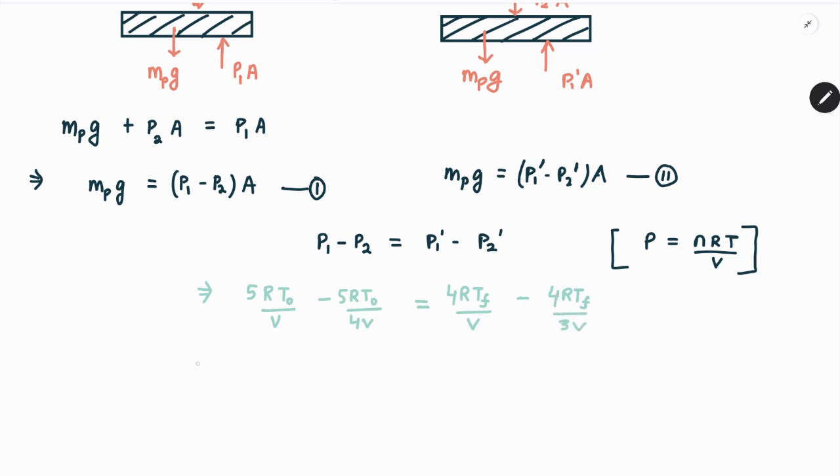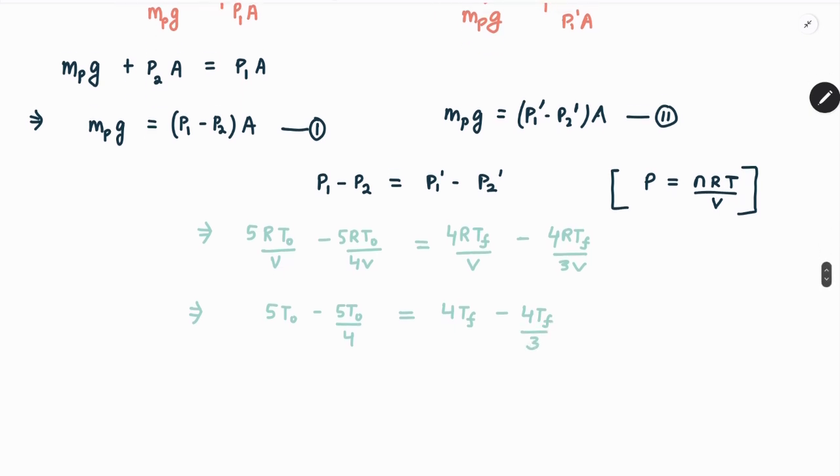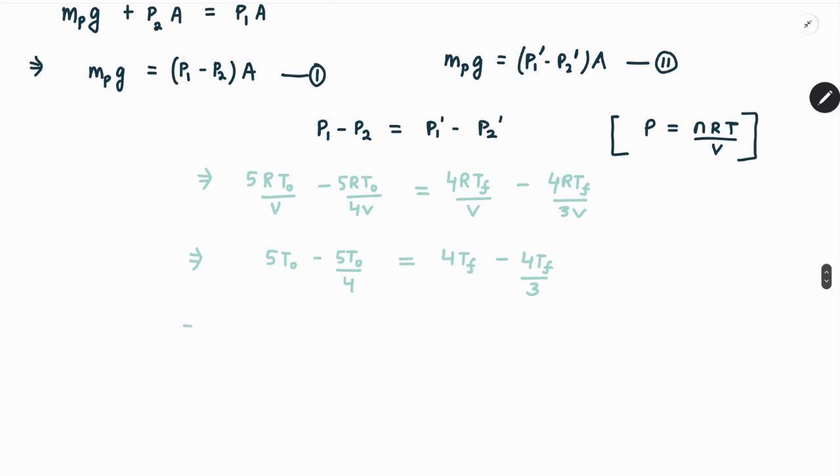This is the equation that we have, and from here we can remove R by V. We get 5 T naught minus 5 T naught by 4 equal to 4 T final minus 4 T final by 3. And we are solving for the final temperature.